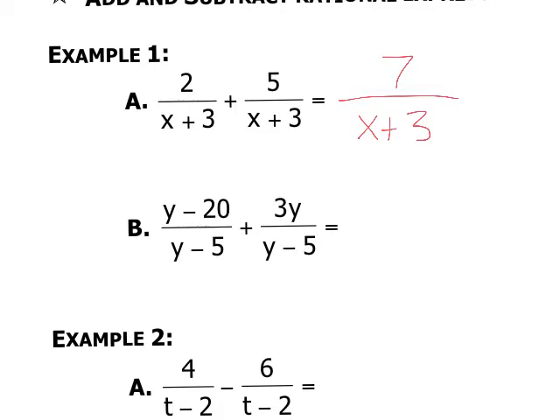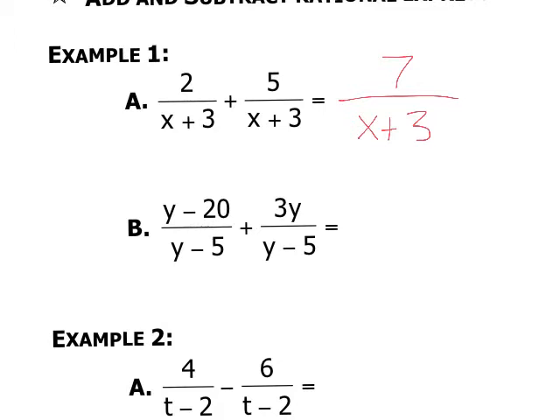Let's look at B. Now, B looks a little more complicated, but if we go back to like the first or second day of Algebra 1, and back to middle school even, you should know how to combine like terms, right? What does it mean for them to be like terms? Same variable and exponent, right?